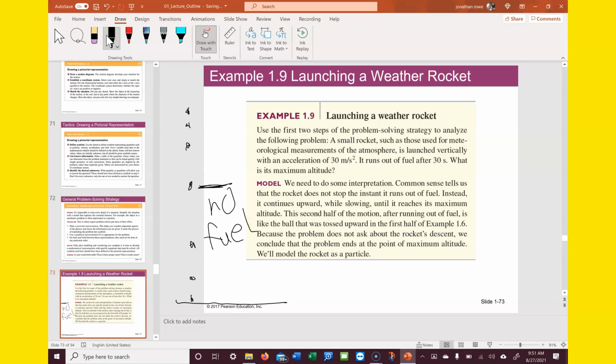Another way might be a position versus time graph, y and t. The first position is going to be at 0 at time 0. Then it goes to some higher altitude at time 1, but then the next altitude is going to have gone over a greater displacement of altitude, and then even greater displacement at the next time.